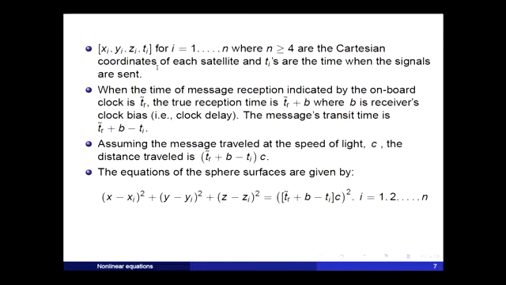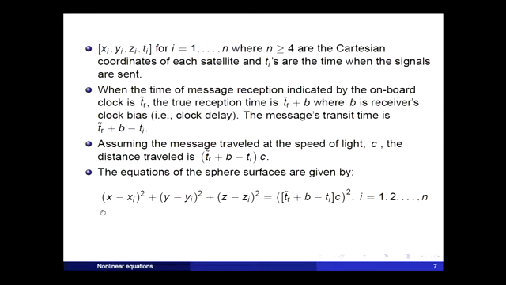Your phone will receive the position of those satellites plus the time they send you the signals. And then you have 4 unknowns.